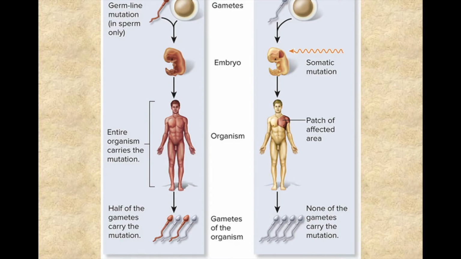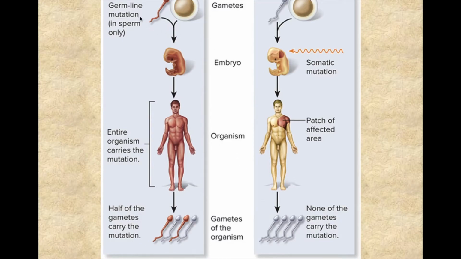If a somatic mutation happens early on in development, like we see in this embryo here, then all the cells that are derived from that mutated cell are going to carry that mutation, but then none of the gametes will carry that mutation because, in this case, they're showing the mutation taking place in this region of the embryo, claiming that it impacts this region of the body, and the sperm and eggs don't originate from this region of the body, and so it's not going to be inherited by the next generation.